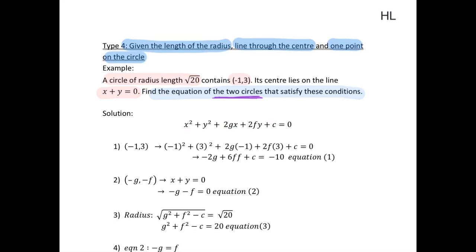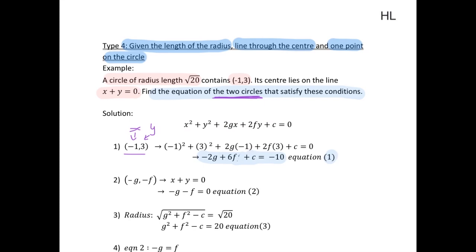If we fill in those values, so our x is -1 and our y is 3, into our equation, we end up with -2g plus 6f plus c is equal to -10, and we'll call that equation 1.